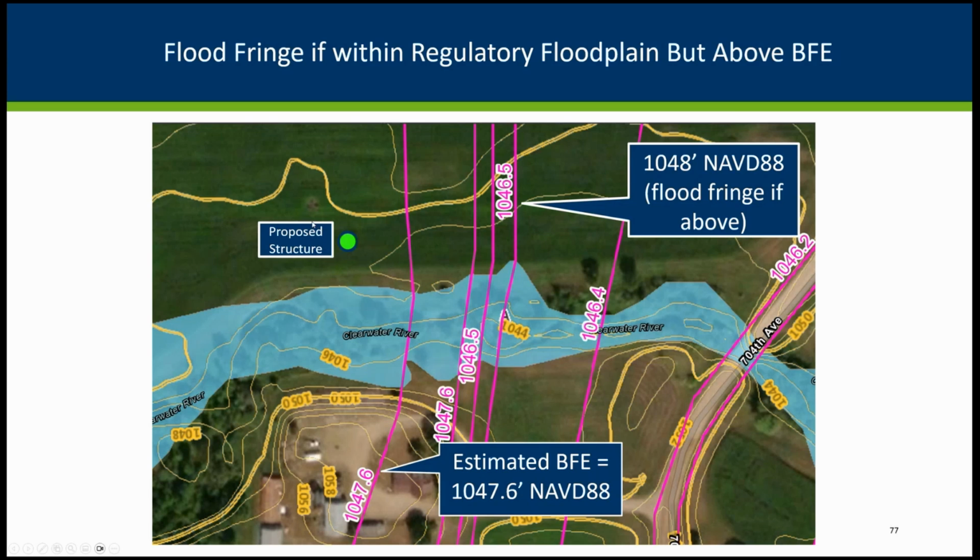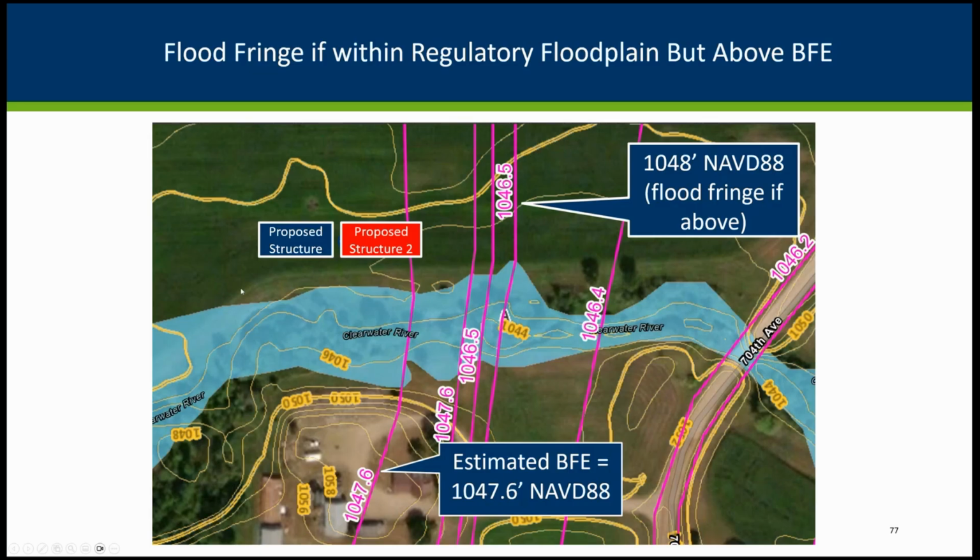A slightly trickier example here is if that proposed structure was moved somewhat to the east, well, suddenly part of this structure is now below that 1048 contour. So it's not immediately obvious whether or not this would be in the floodplain or if it would be in the flood fringe or floodway. So we can use, again, this 1047.6 elevation.